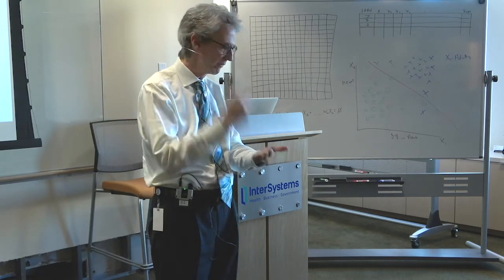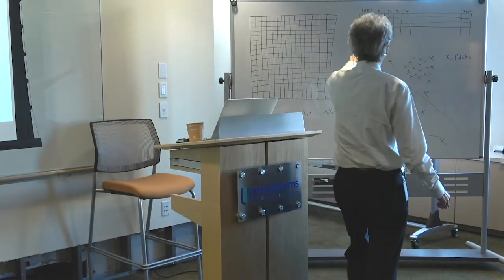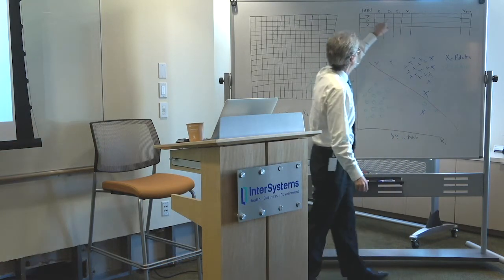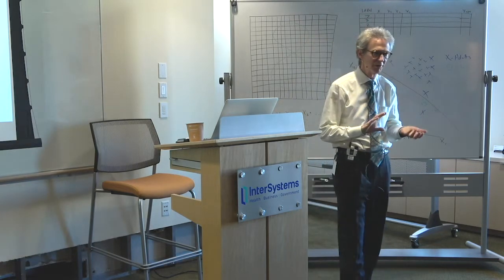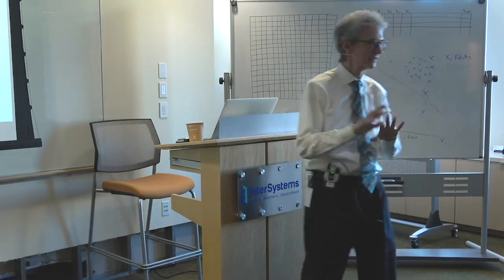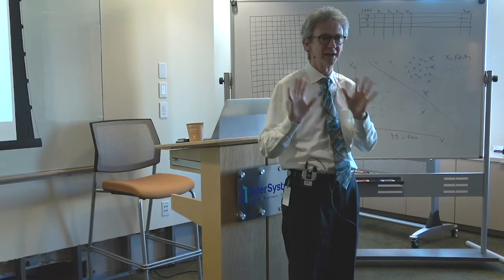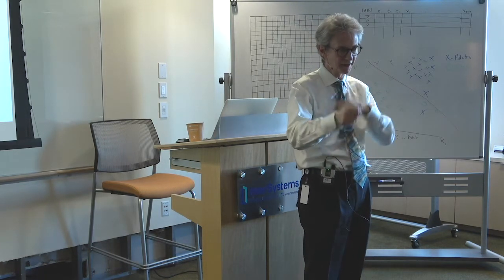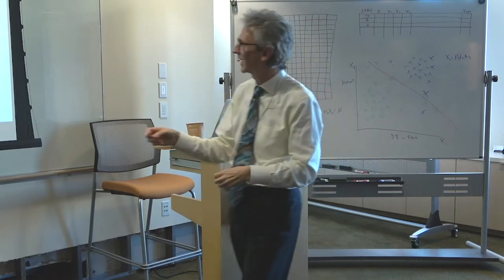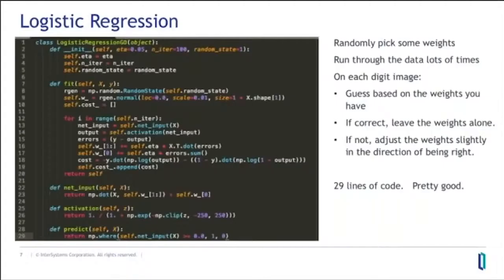It'll run one digit by one digit. It'll take the first digit and guess, hey, this digit is a 6 or a 7 or something like that. It'll either get it right or wrong. If it gets it right, it leaves everything alone. If it gets it wrong, it adjusts the weights in the direction of being right. And you just do that a few hundred times in this outer loop, the number of iterations. Eventually you have a series of weights that really separate out these different classes.